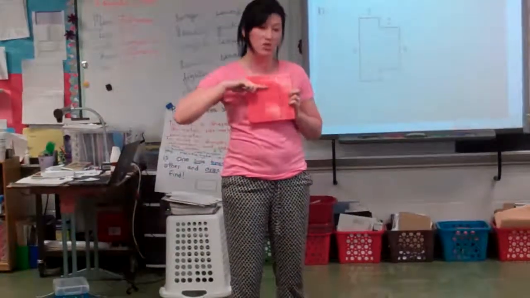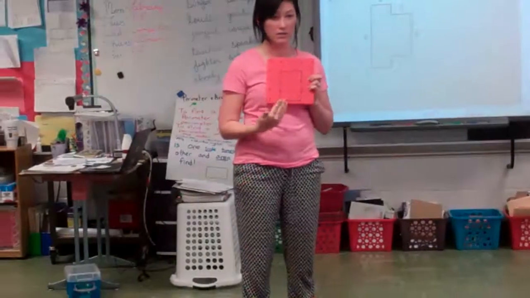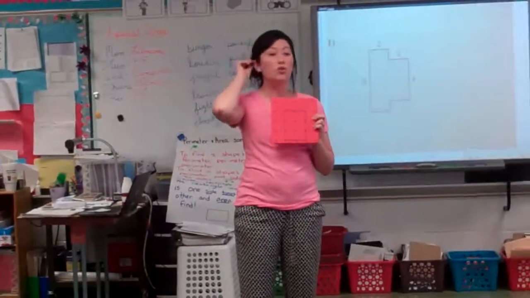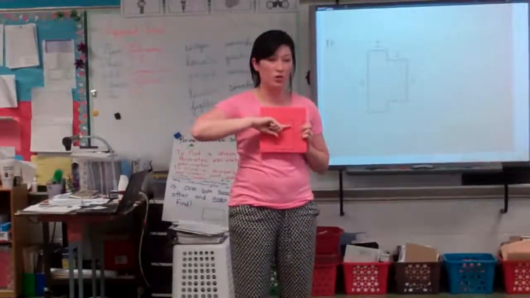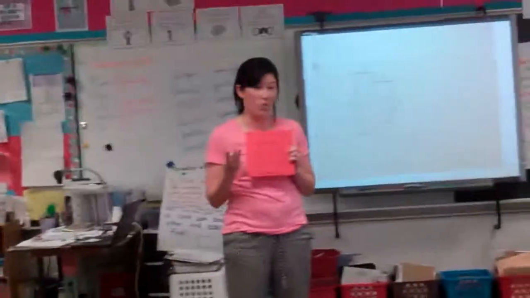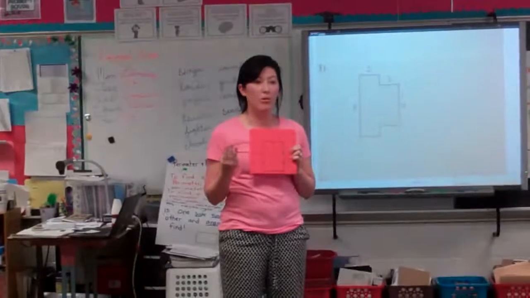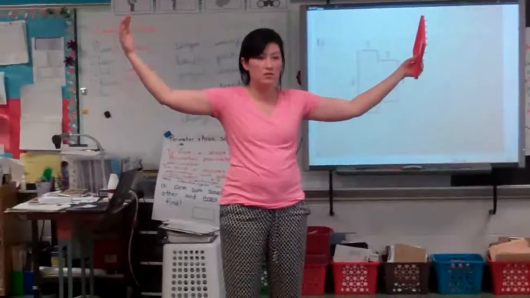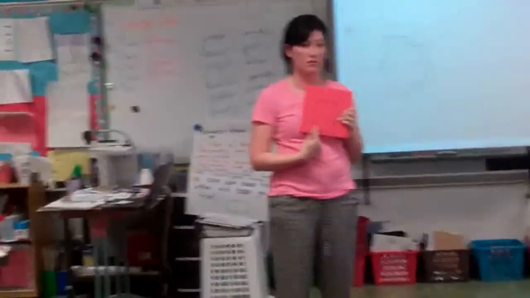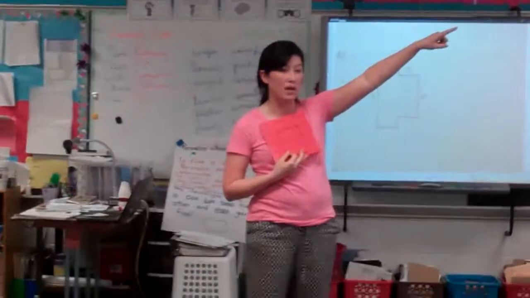I want to know what 2 by 3 is, which is 2 times 3. You could do 2 plus 2 plus 2, 3 times, if you wanted to add. But when you get those really big ones, it's just easier if you multiply this side times this side, like when we did the arrays for multiplication.